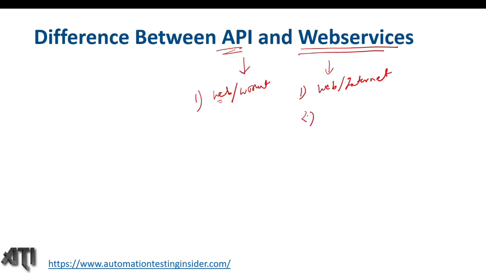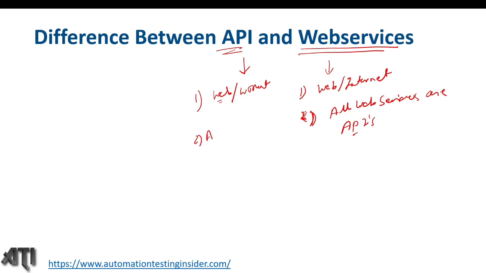Now let's move on to the next point. We can say all web services are APIs, because those are APIs only, but they are on the web, so they are called web services.